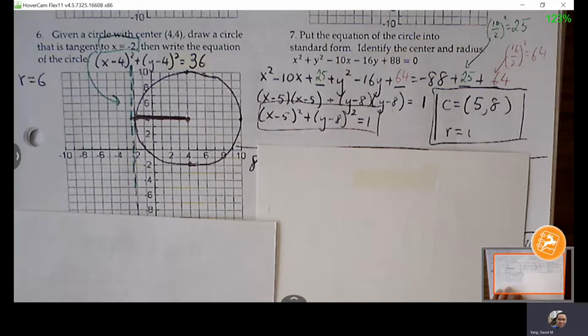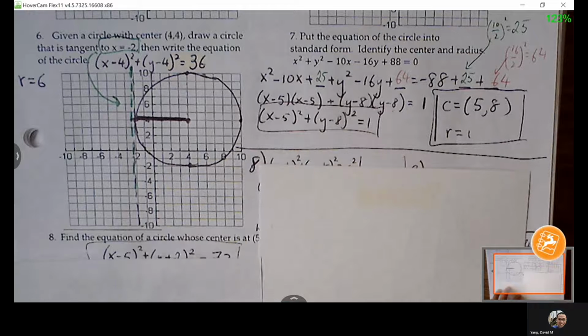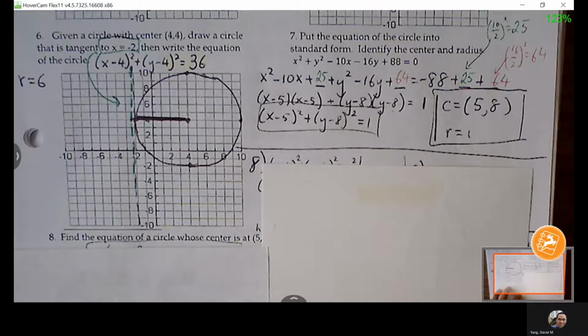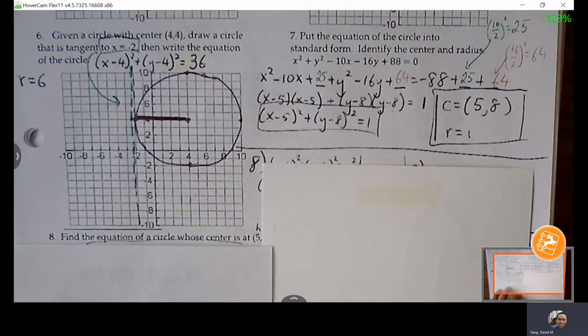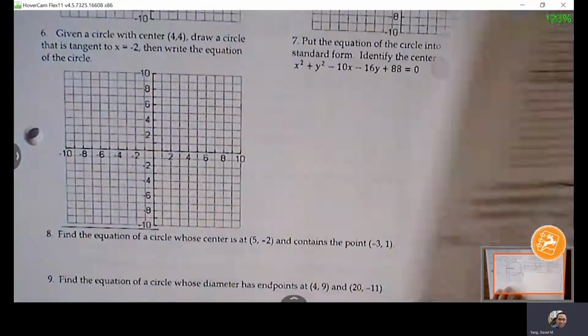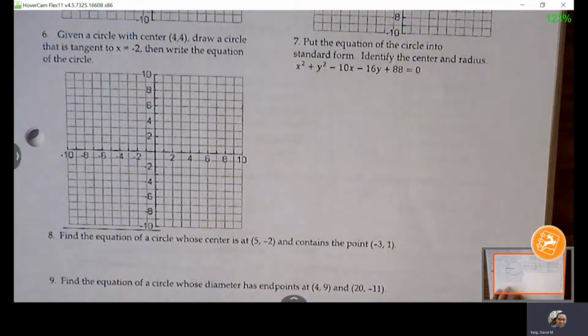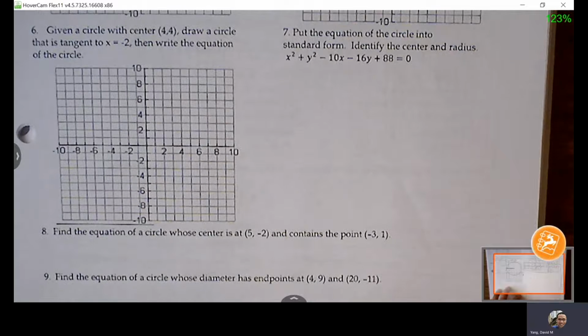And square root of 1 is still 1, so that's why the radius is still 1. Okay, are we okay with 6 and 7?